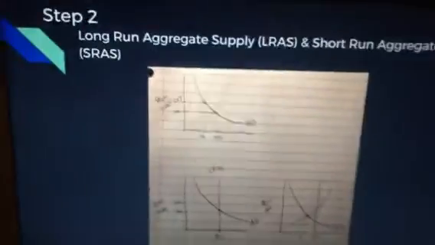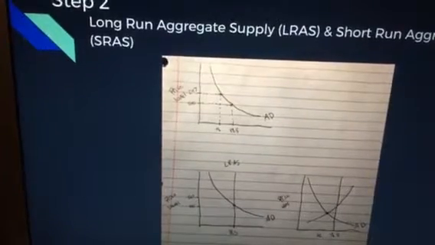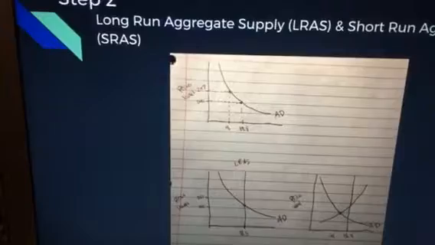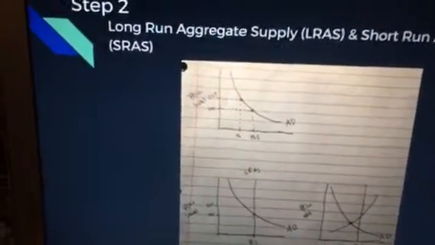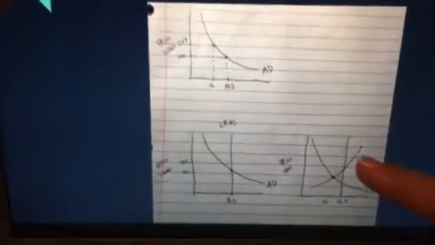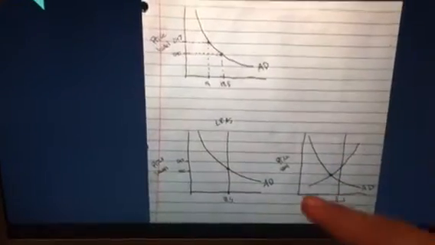So, as you can see, its equilibrium is different from the long run aggregate supply line, showing that the economy is out of balance, as you see here, because it should be right along this line, but it's not. It's off to the left.